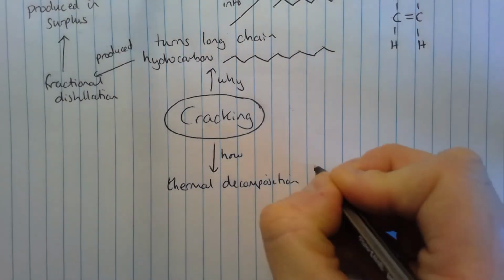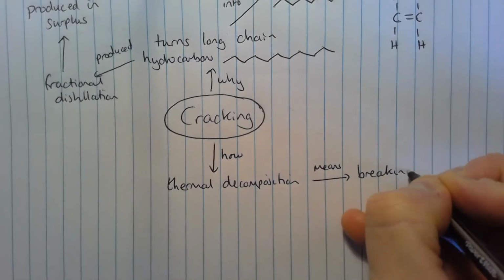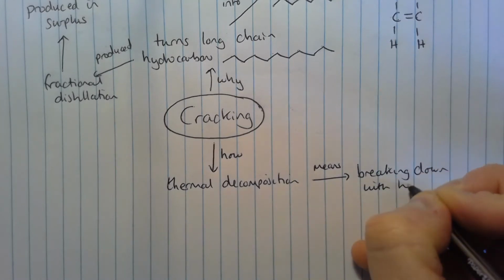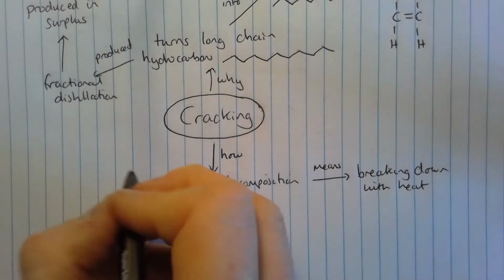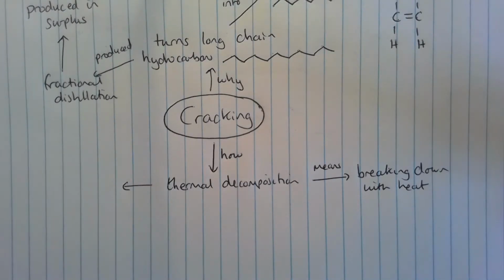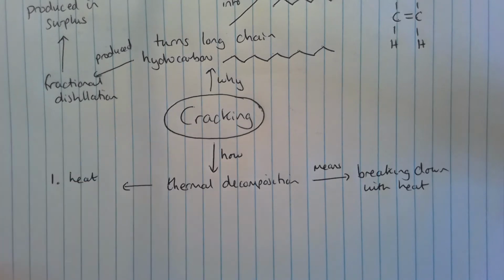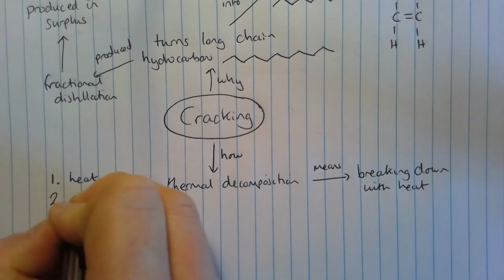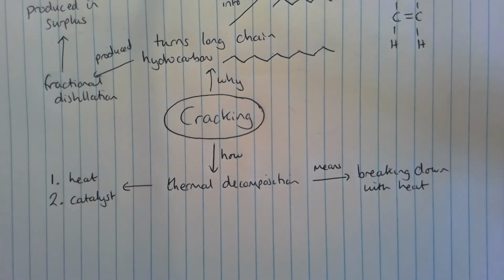So we're just going to add that there, which means breaking down with heat, or breaking up a component with heat. So we actually need 2 things for this reaction to work.